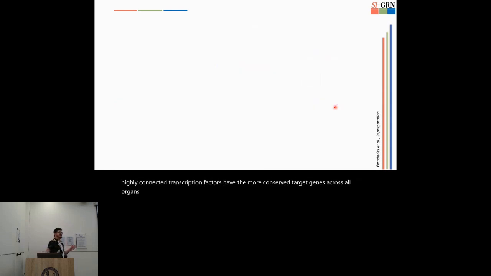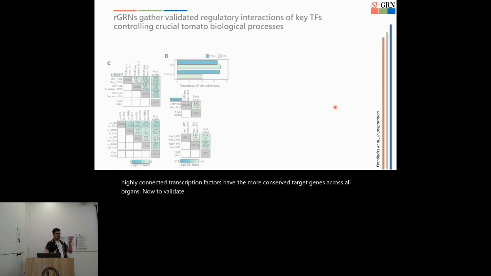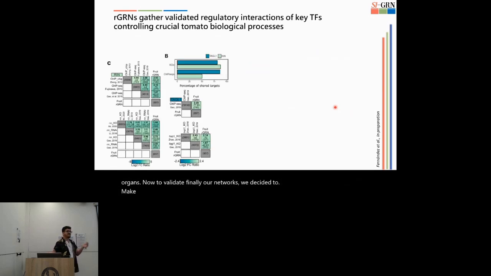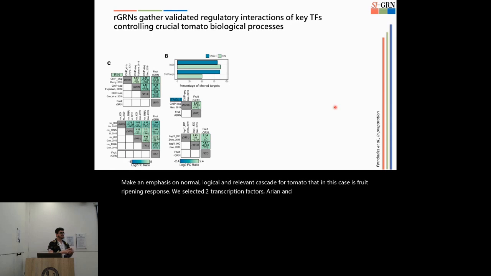Now, to finally validate our networks, we decided to place emphasis on a biologically relevant cascade for tomato, in this case the fruit ripening response. We selected two transcription factors, RIN and TGL1, and looked for the targets of these two transcription factors in our networks versus experiments where they study the regulatory targets, such as KO experiments, and their binding targets, such as ChIP-seq experiments.